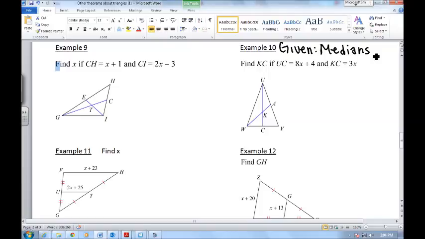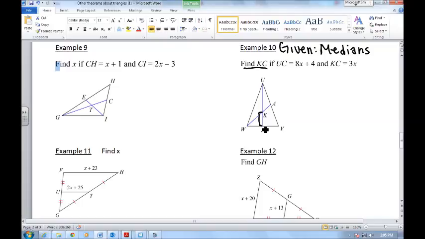Okay, number 10. Given that these are medians, it says find KC. Well, KC is this little segment. What do we know about the little piece below the centroid of a median?